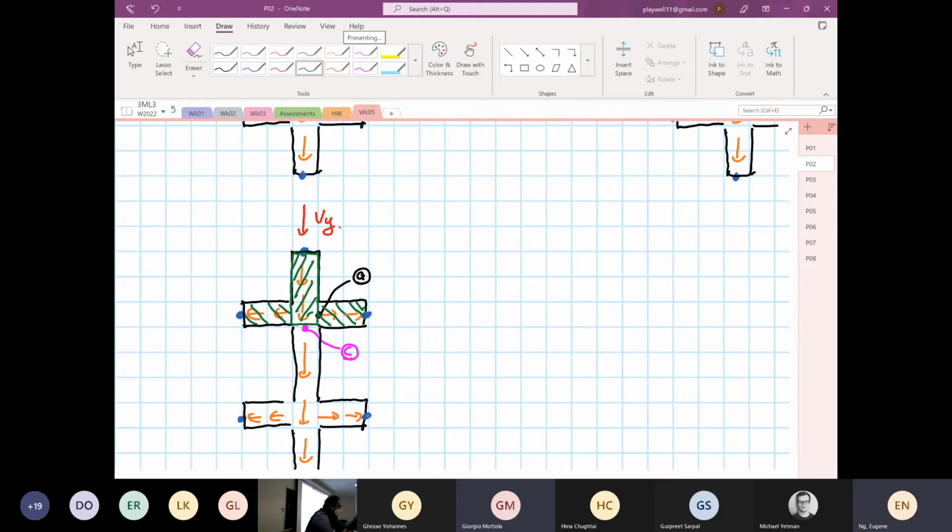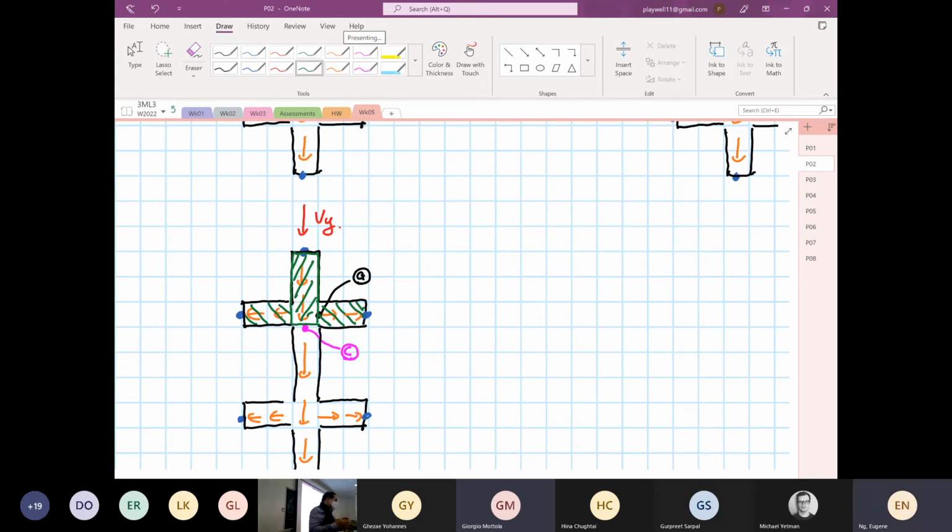So the shear flow is dependent on the area of coverage, as you can see over here. The next thing, the most important thing, is constructing the shear flow, the Q. How to draw the Q is critical.